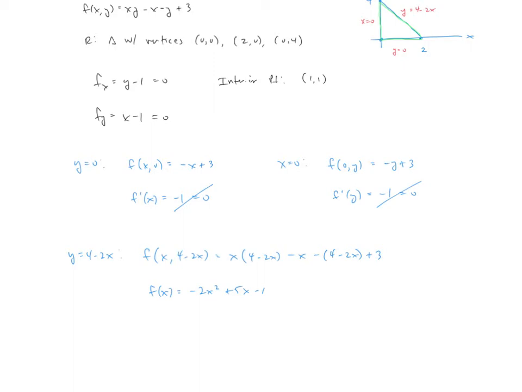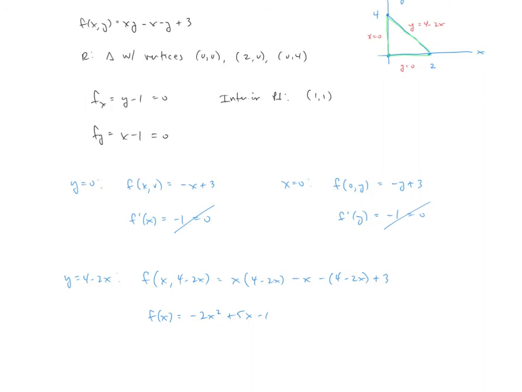All I did was plug this in for y, back up there, and then simplify all this down to this. When I now take the derivative of it, since I'm down to a single variable, that's going to give me negative 4x plus 5.